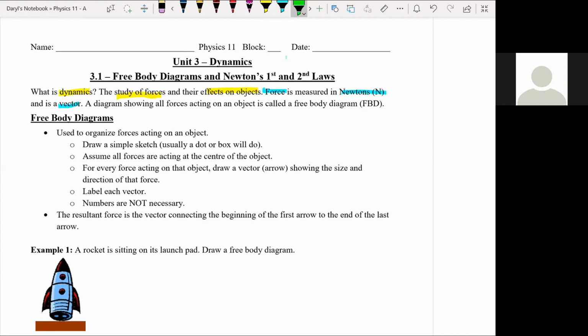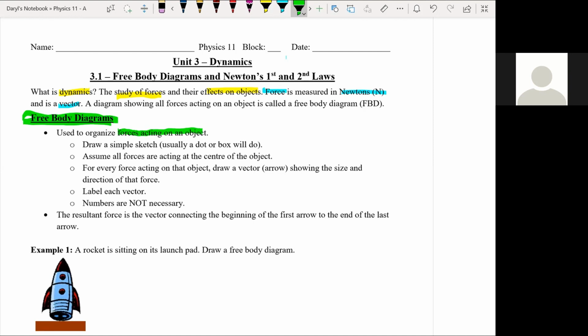So an important thing to note is knowing how to write free body diagrams. They are used to organize the forces acting on the object, just identifying the forces acting on it.